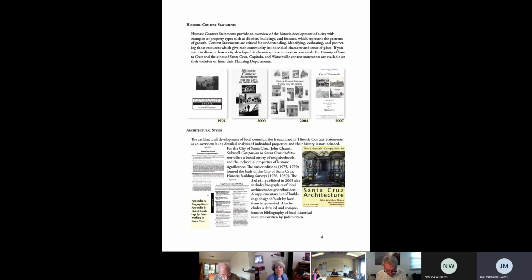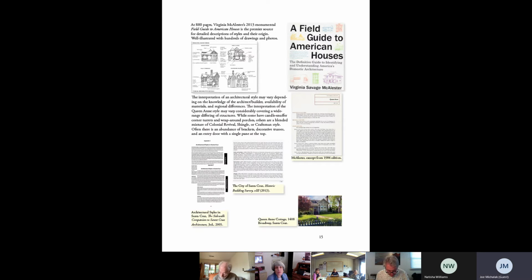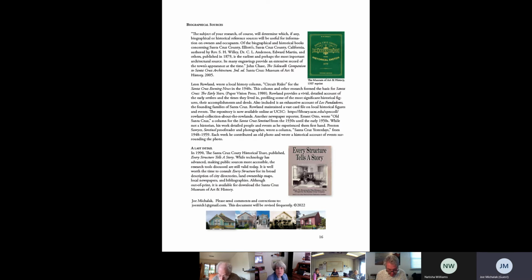Context statements, a little information about that, more about the architectural styles, field guide to American houses, and a couple other things. Now I'm going to get into the area of the Sanborn map list and sources for information.